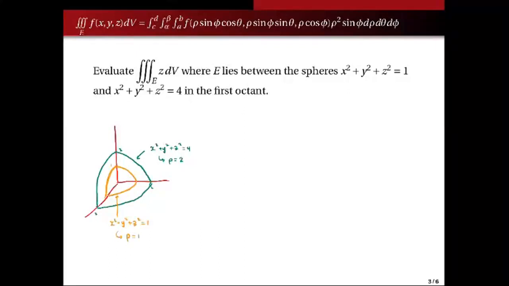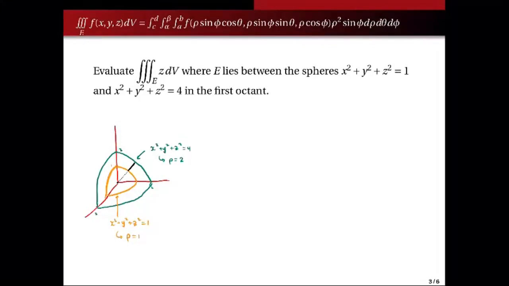Which means if we get the ray that will run over that solid, starting from the origin, we have this, and then we have this part here. So this is from rho equals 1 up to rho equals 2.